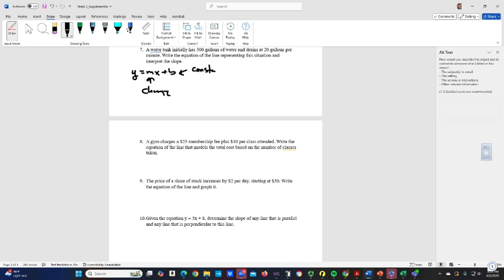So if we look at this, it says a water tank initially, right? This is the y-intercept. It's starting off at 500 gallons and it's draining at 20 gallons per minute, right? So we've already interpreted the slope: this water tank is draining at 20 gallons per minute. So to write the equation, there's a couple of ways to write this.